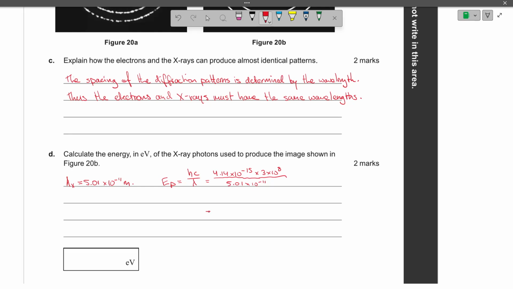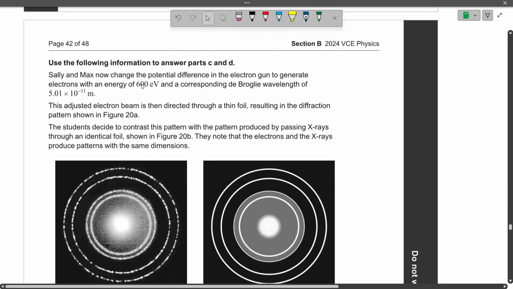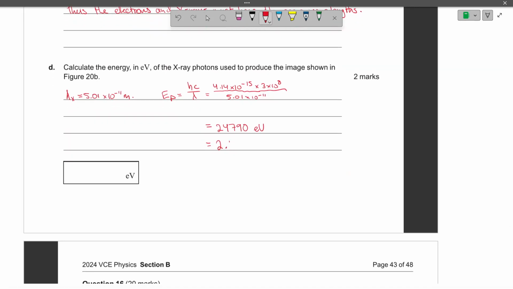Chuck all that on a calculator. You will get something around 24790 electron volts, but you can turn it into three significant figures, so 2.48 times 10 to the 4 electron volts. There you go.